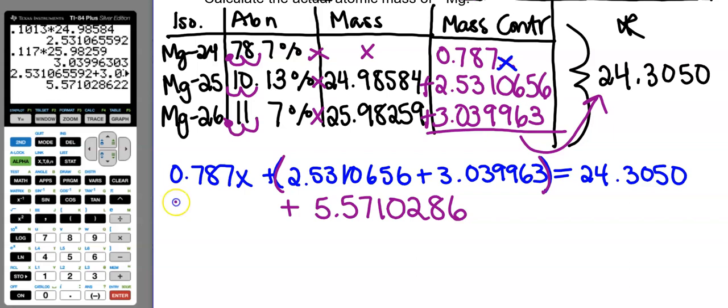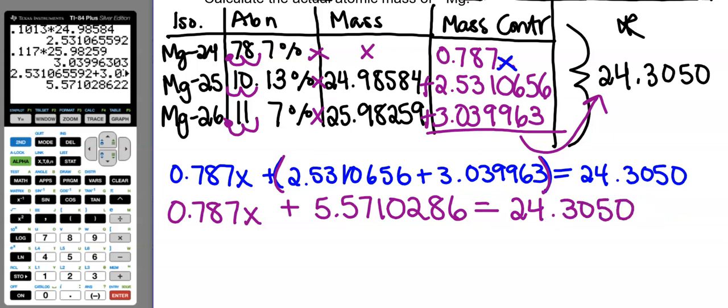So now we simplified to 0.787x plus 5.5710286 equals 24.3050. Now the next thing we can do is we want to separate our x terms from our terms without x's.